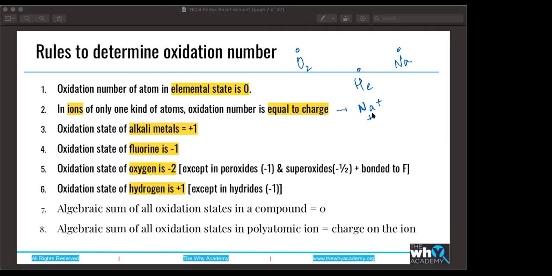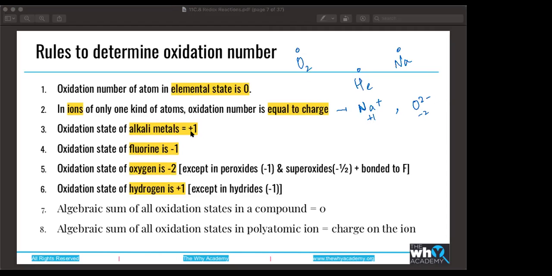So you need to always mention it as +1 or -1. Similarly, if I've got an oxide ion, the oxidation state of oxide would be -2.